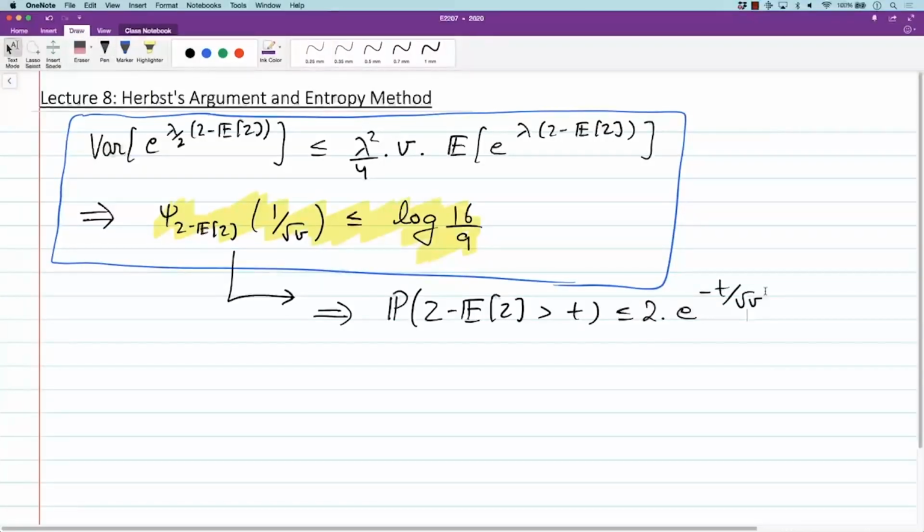That's something we saw last time. And what we noticed was that this first inequality, the functional inequality that we need, can be established by the Efron-Stein inequality.